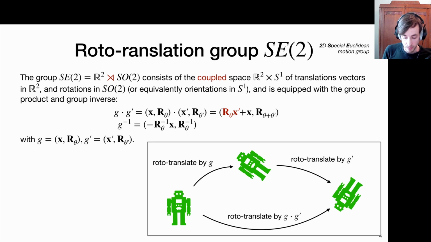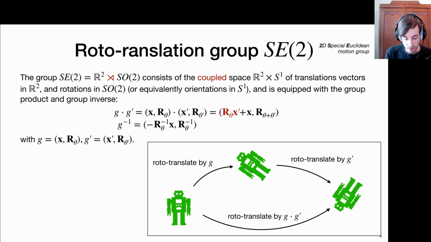because we have a sort of mixing going on between rotations and translations. So let's go over the roto-translation group SE2, where SE comes from special Euclidean. It's the special Euclidean motion group. The group SE2 consists of a space of translation vectors and rotation angles, or rotations.